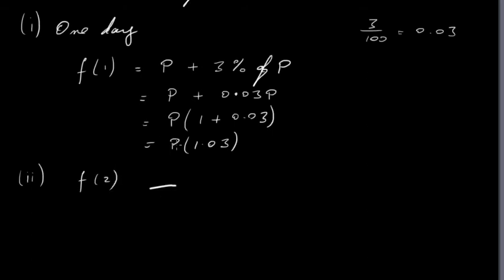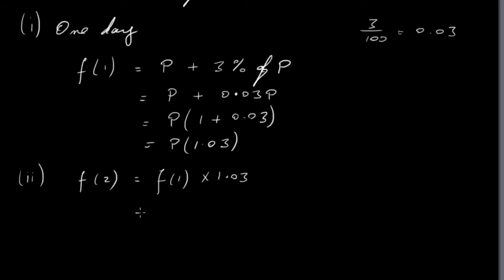Now that's just going to be the first day, which is F1, the size of the sample after 1 day, plus, well, what we can do here actually, rather than adding, is multiply that by 1.03. Whatever the population size is, we just increase it by 3%, which is multiplying it by 1.03.